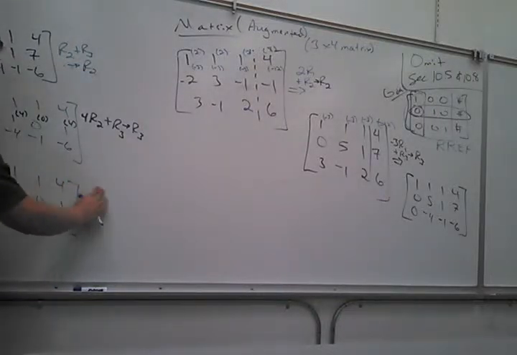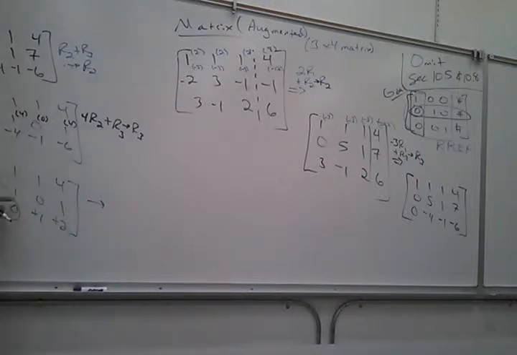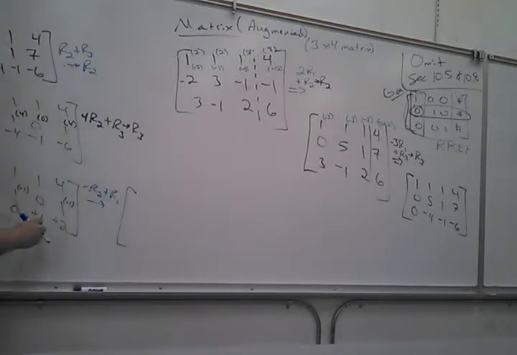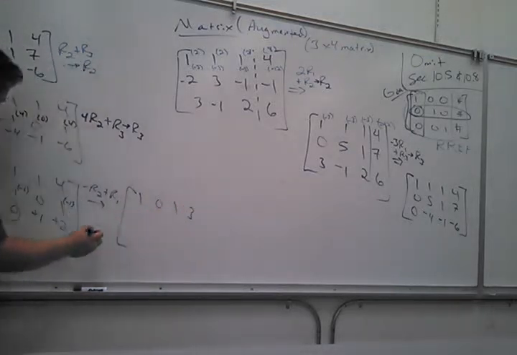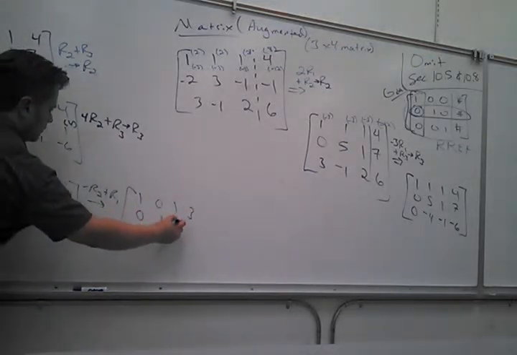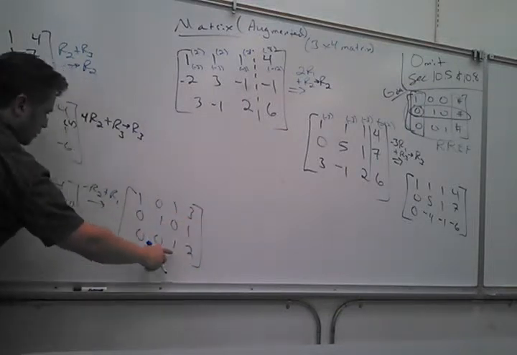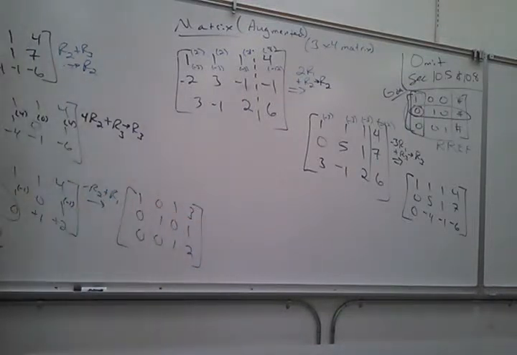So if I did go a couple steps further, what can I do? I could do negative row 2 plus row 1. Right? So this would be 1, 0, 1, 3. And then I can do -1 times row 3 plus row 1, and then I'm done.